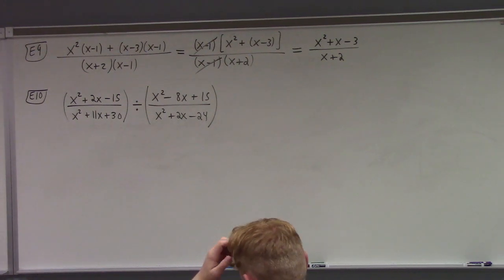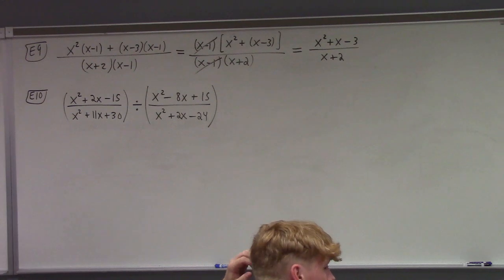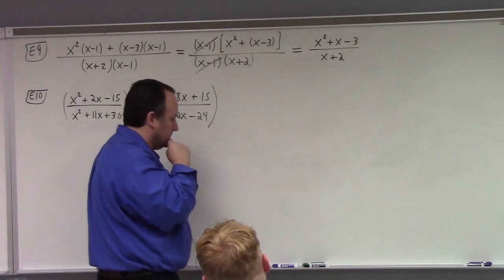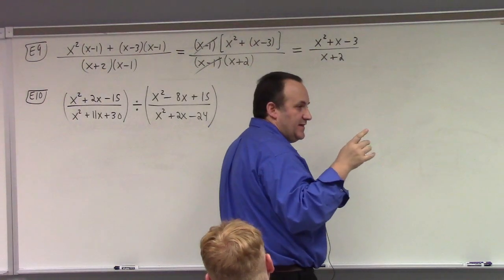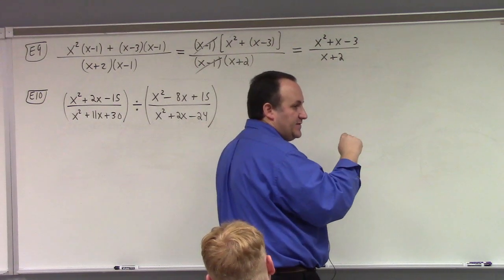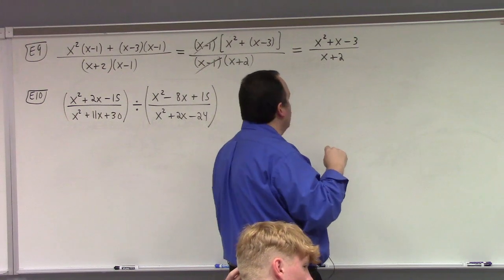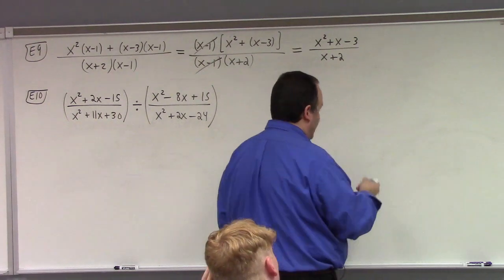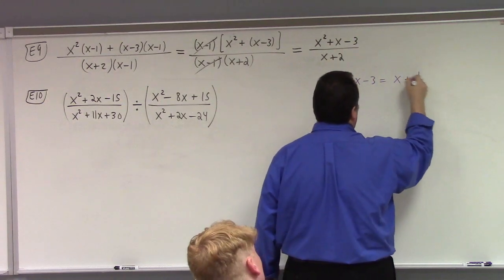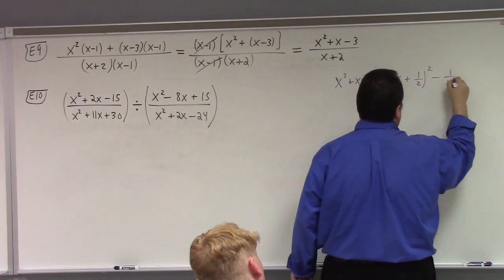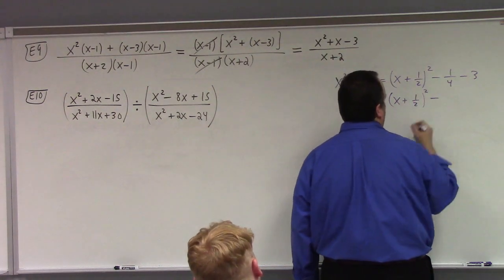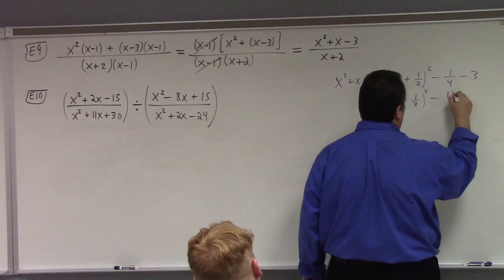For the last example, can't you factor the one on the numerator, just x plus 2, x minus 1? That's what I was thinking for a second. But multiply: 2 times minus 1, you get minus 2, not minus 3. You forced me to it. X squared plus x minus 3 is x plus 1/2 squared minus 1/4 minus 3, also known as x plus 1/2 squared minus 13 over 4.